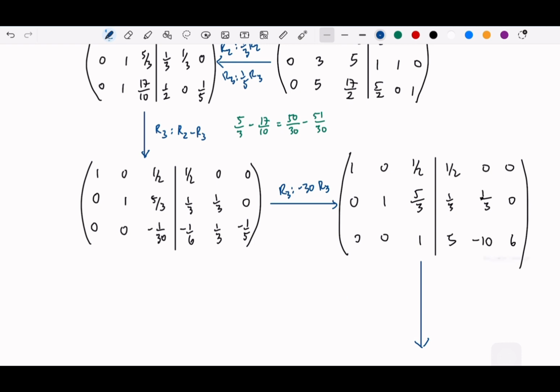So new R1 becomes 2R1 minus R3, and the new R2 will be 3/5 R2 minus R3, right?